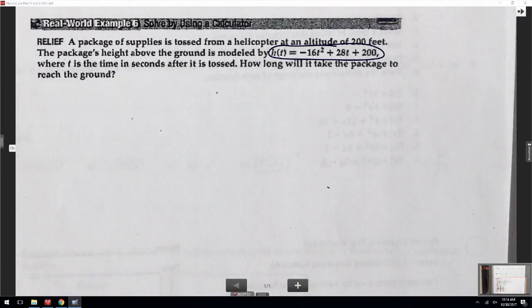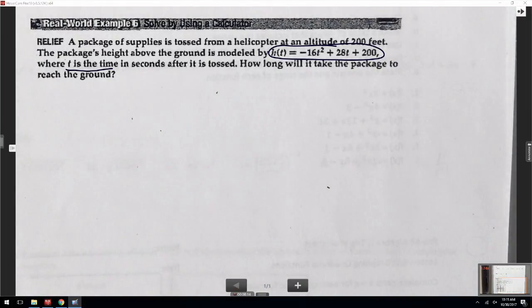Now look, if you're in physics, you don't use X's and Y's. You're using H's and T's because H stands for height, and T stands for time, right? Hence the reason in the problem, T is time. It at least says it for you, okay?